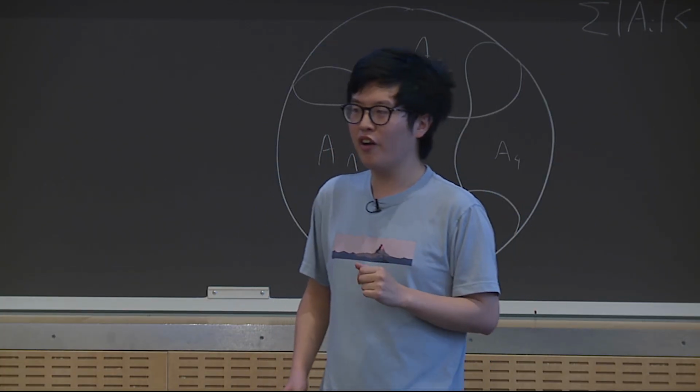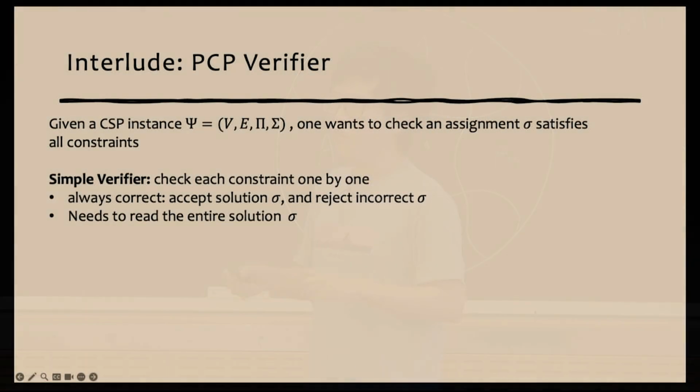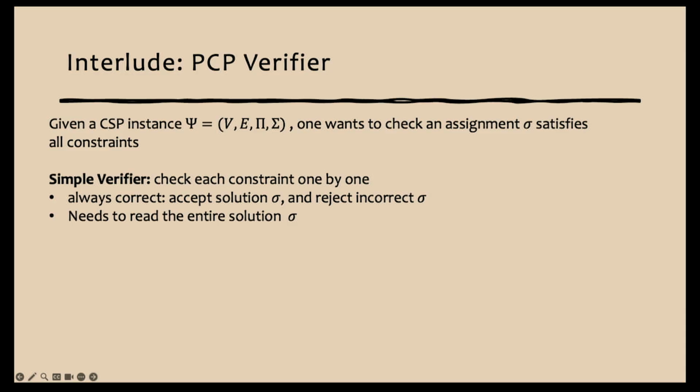So the simple verifier is just, okay, we have an assignment here. We just enumerate every constraint and see whether it is satisfied or not. The good thing is that this verifier is always correct. It always accepts the solution and rejects non-solutions. But the bad thing is that it needs to read the entire solution sigma.